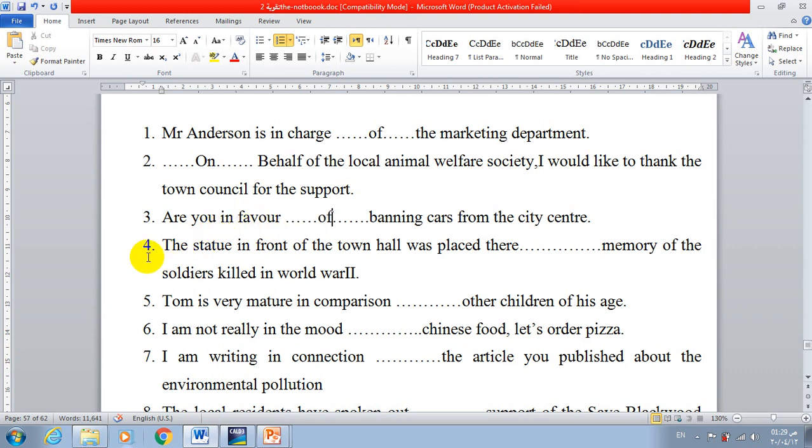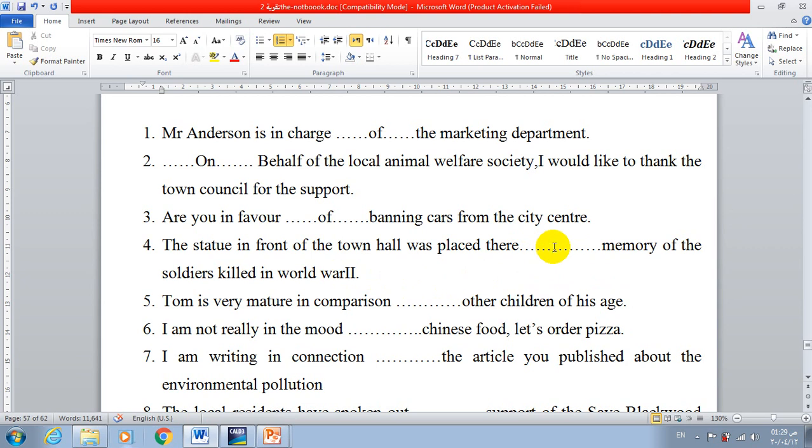Number 4, the statue in front of the town hall was placed there spaces memory of the soldiers killed in the World War. And this means second. Okay, we can say the Second World War. Okay, what is the preposition we need here in this sentence?